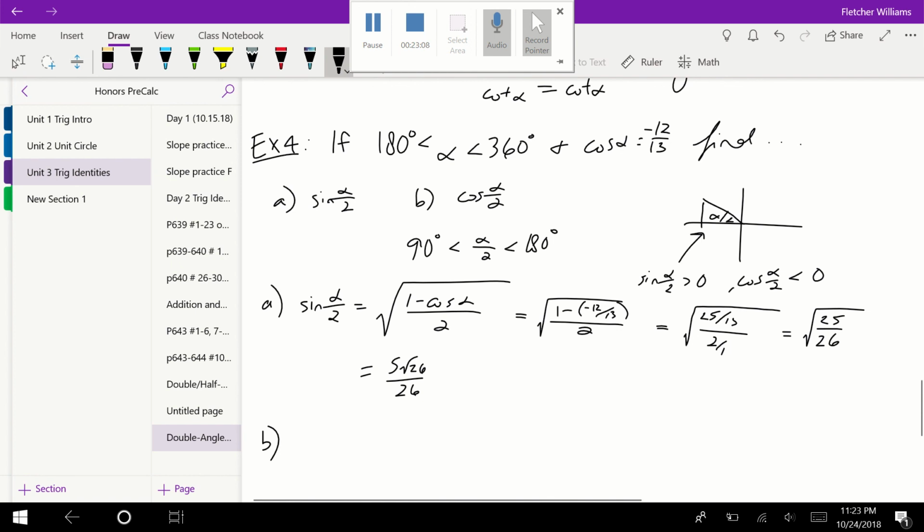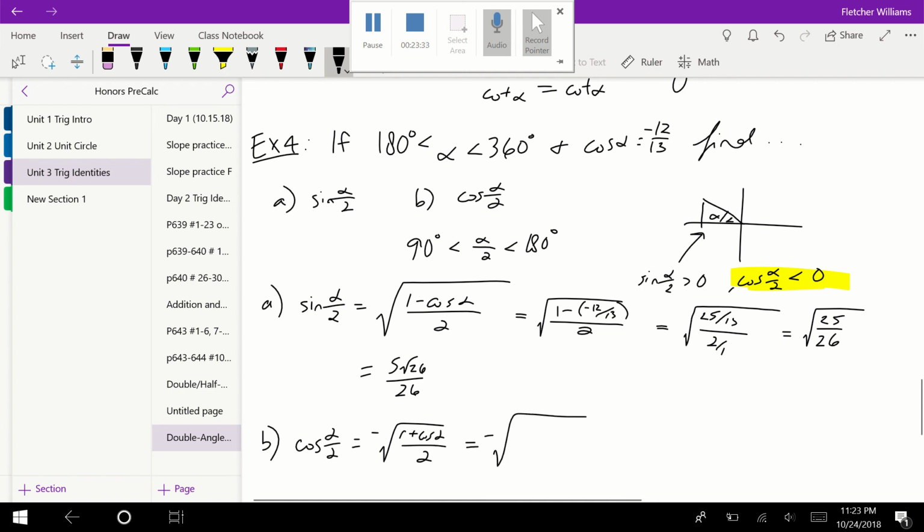I'll give you a second, pause the video, see if you can do B. Okay. Cosine alpha over 2. We said that cosine alpha over 2 was negative based on where we drew alpha over 2. So then we know it's negative root of 1 plus cosine alpha over 2.